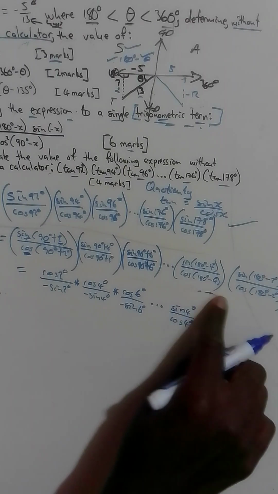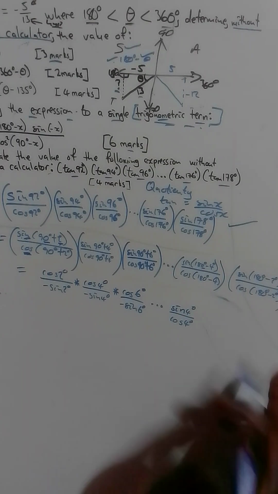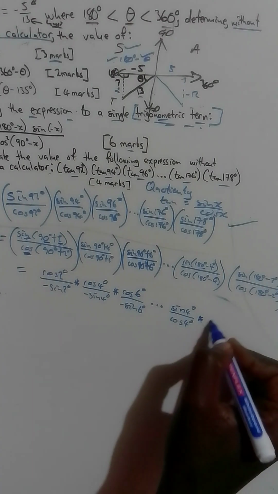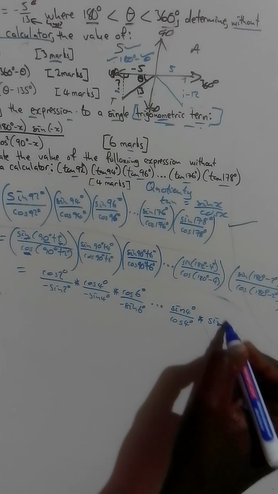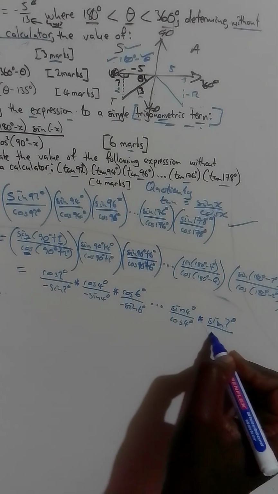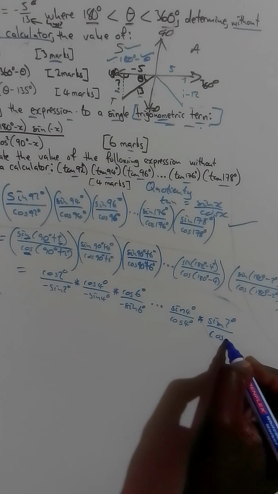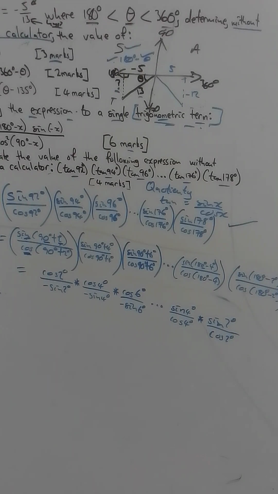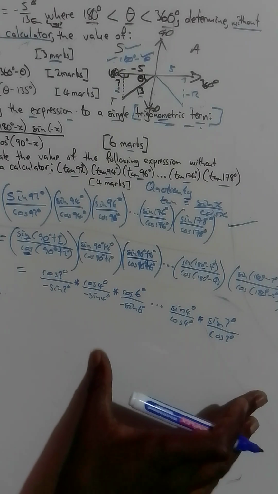No, I used 180 minus, so I can't change here. Then multiplied by, last but not least, sin 2 degrees all over cos 2 degrees, right? But is there anything that I have forgotten here? No, I didn't forget anything.